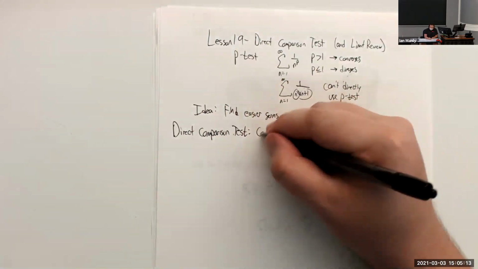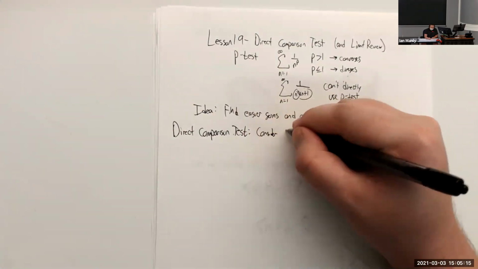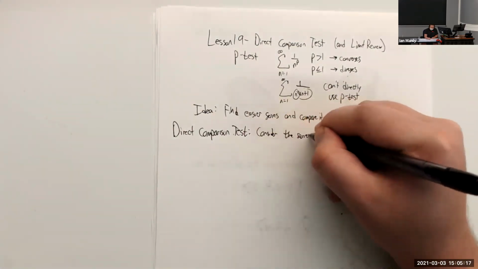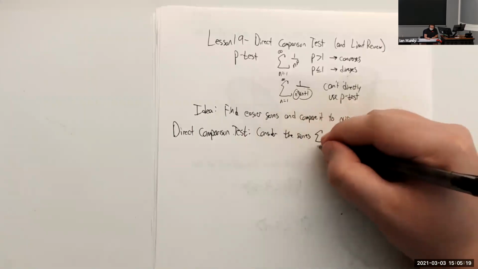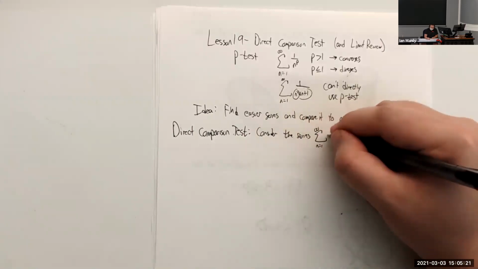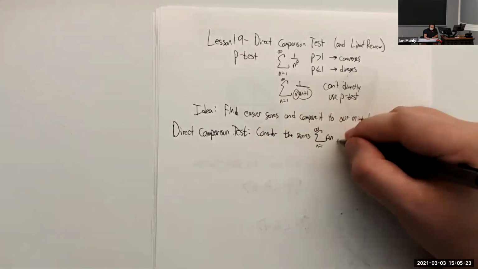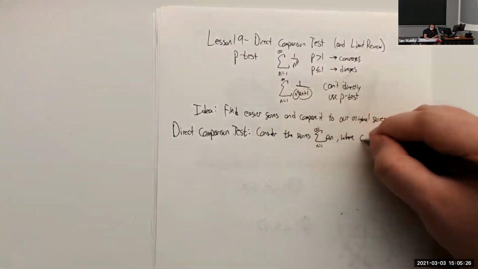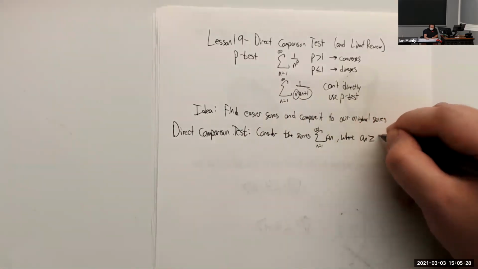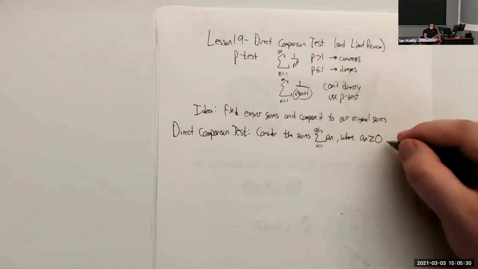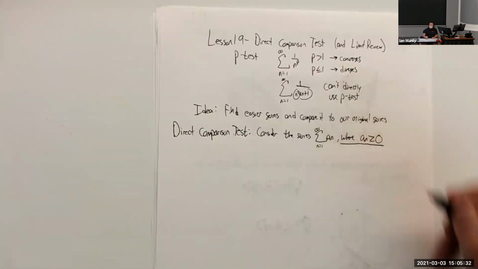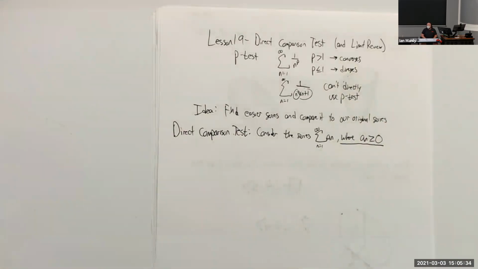Okay, so consider the series, the sum from n equals 1 to infinity of a sub n, where a sub n is greater than or equal to 0. So remember how last time we had the conditions for the integral test with positive, decreasing, and continuous?